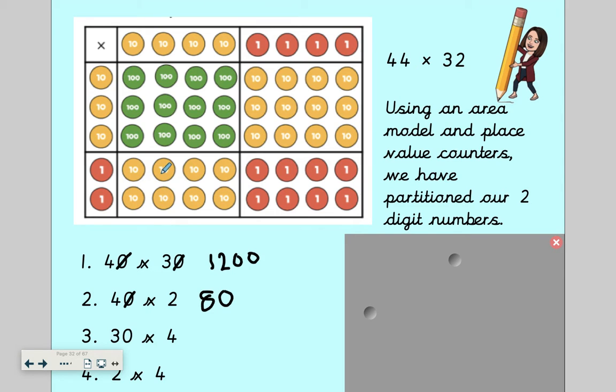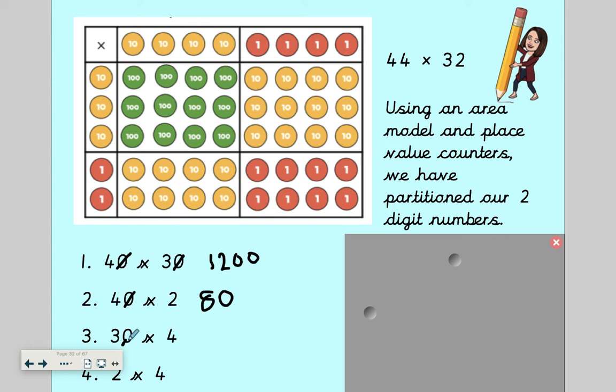So 10, 20, 30, 40, 50, 60, 70, 80. So that is correct. Then if we move on to these numbers on this side, we have 30, remember, and we also have 2. We're going to go across to this one because we've already done 30 times 40, so we're going to do 30 times 4 for this one.